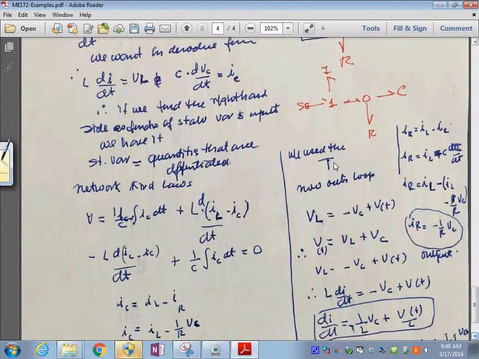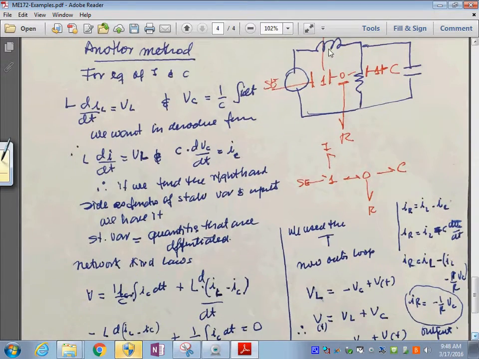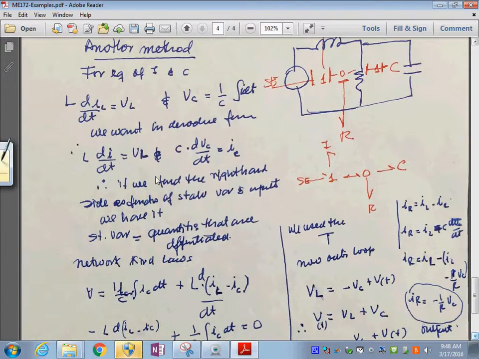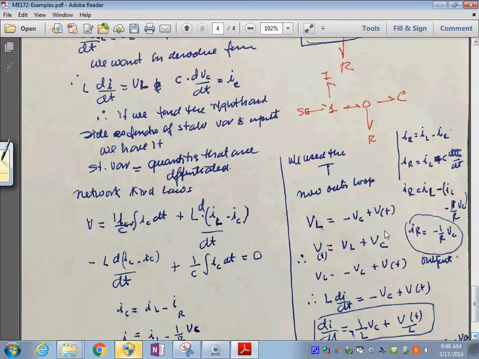So this is another method. Either you do the computerized automated modeling method, or you do it this way. Or you can actually derive the three equations, in second order form, for 2 or 3, whatever number of loops you have, and then use the derivation.